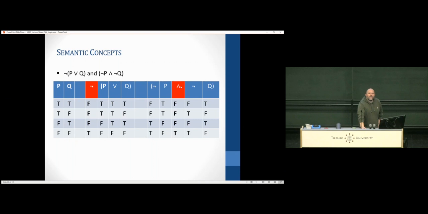Same thing over here, right? We look at its main operator, and we see, hey, on this valuation, it's false. And the second one, same thing, they're both false. Third one, they're both false. Again, the important thing, when we're asking about the truth value of a complex sentence on a valuation, is we figure out what it says under its main logical operator.